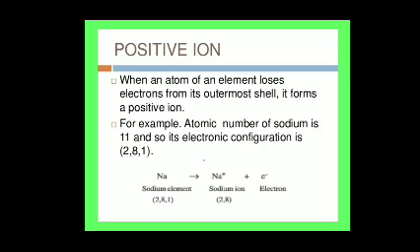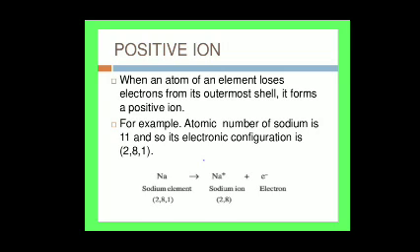For example, the atomic number of sodium is 11 and so its electronic configuration is 1s2, 2s2, 2p6, 3s1, that is 2, 8, 1. The first shell has 2 electrons, the second shell has 8 electrons, the third shell has only 1 electron.